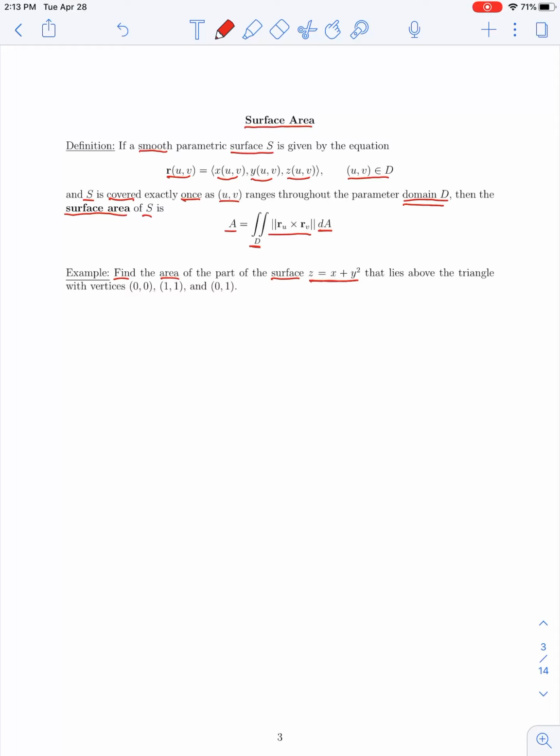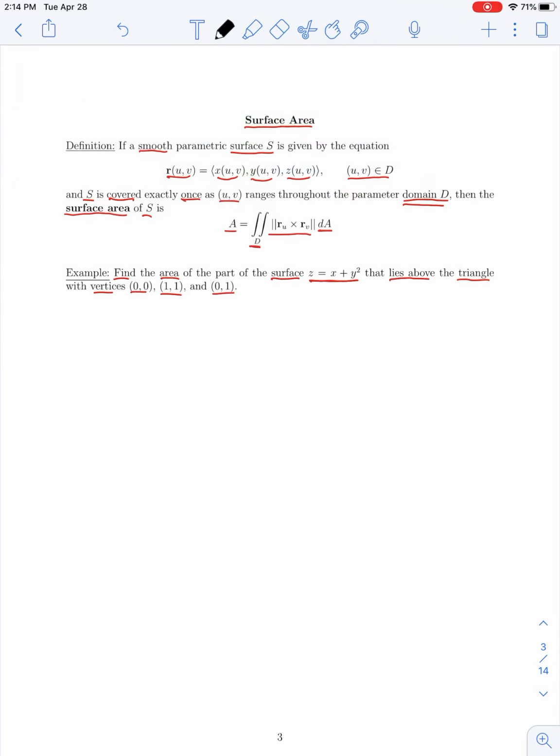So here we want the area of part of this surface, z is x plus y squared, which lies above a triangle whose vertices are the origin, 1, 1, and 0, 1. So thus far, we only have a formula for finding surface area for a parametric surface. It involves finding partial derivatives of the vector function r with respect to u and v.